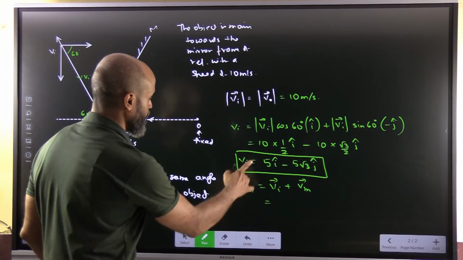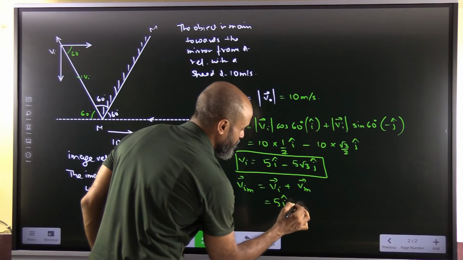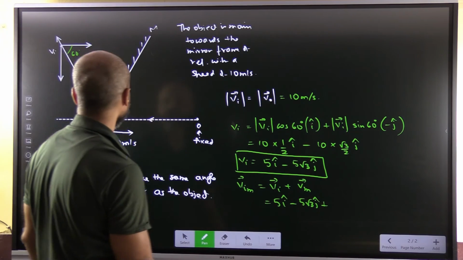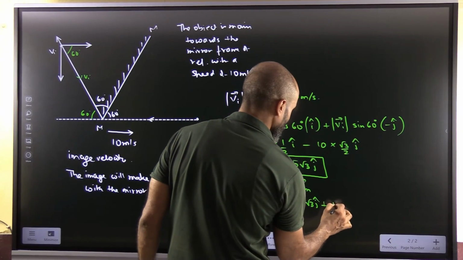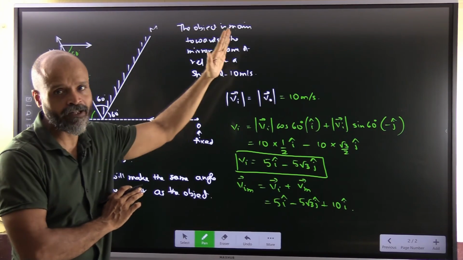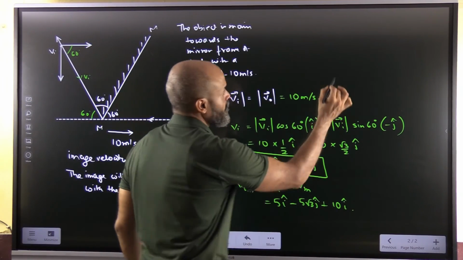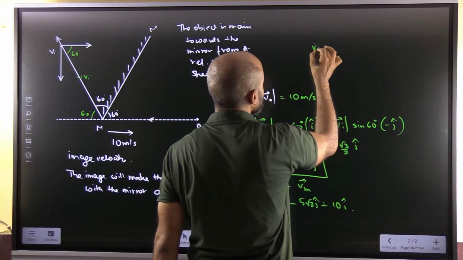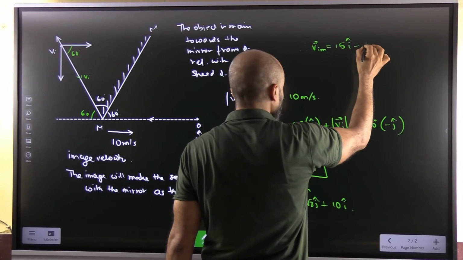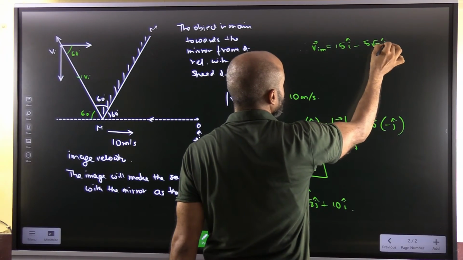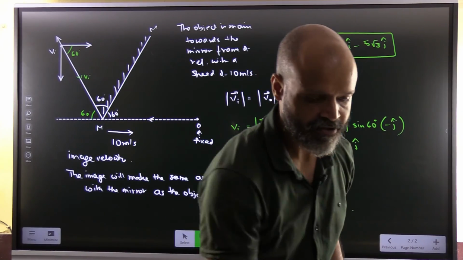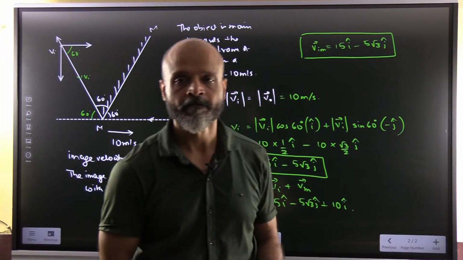The velocity of the image is 5 i cap minus 5 under root 3 j cap, which we have already calculated, and the velocity of the mirror is 10 i cap, since it is just plainly moving in this direction. Therefore the velocity of the image with respect to the mirror will be 15 i cap minus 5 under root 3 j cap. This is the value that we have to find out.